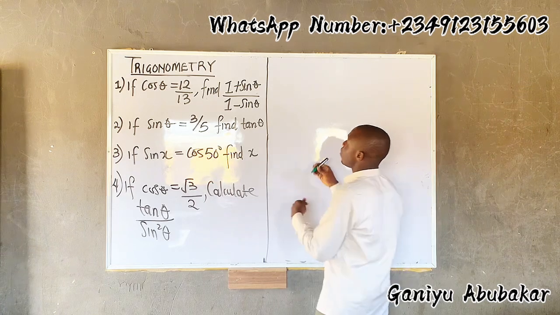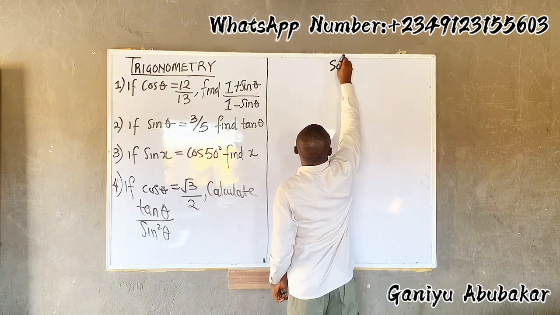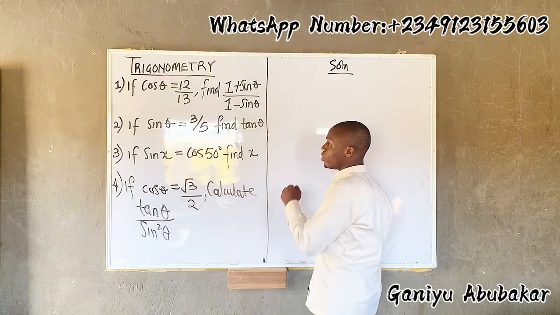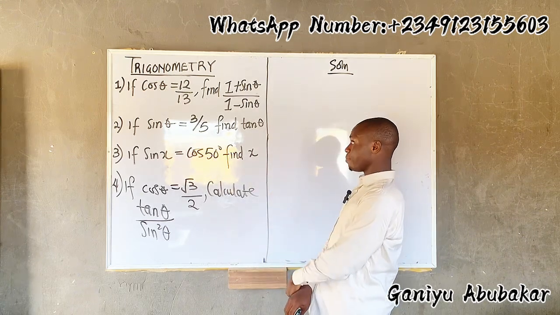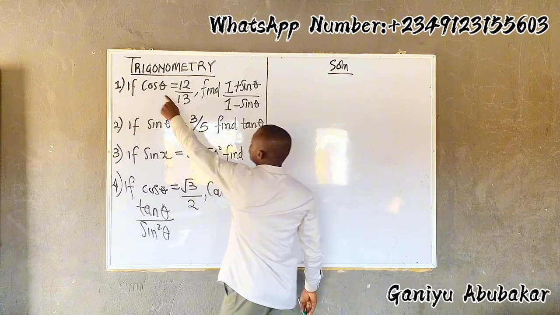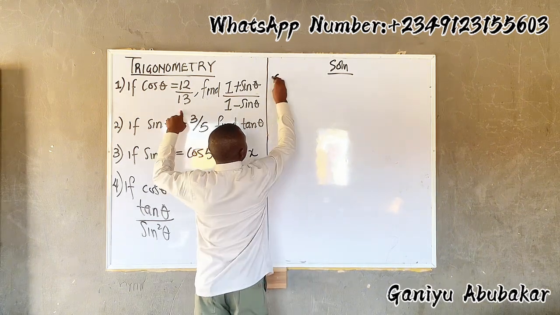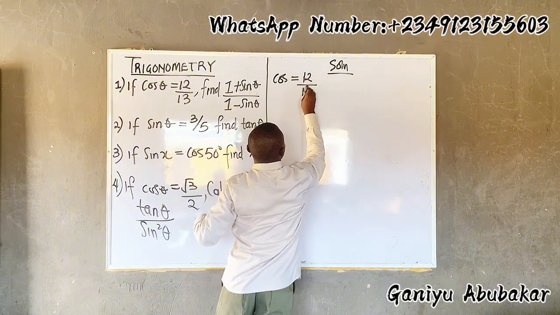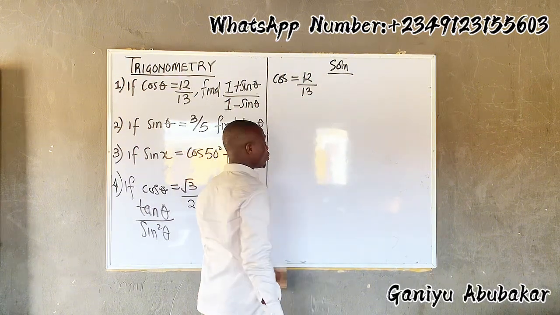Let's start then with number 1, solution to question Q1. So for number 1 there, what am I saying? I'm given cos theta. So cos theta is what? 12 over 13. What does this mean?